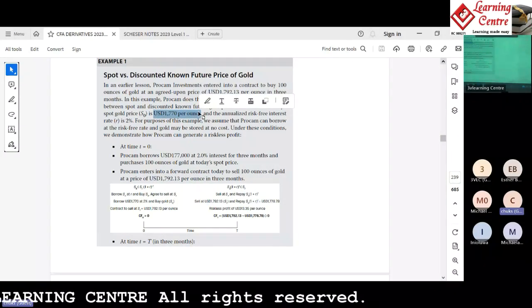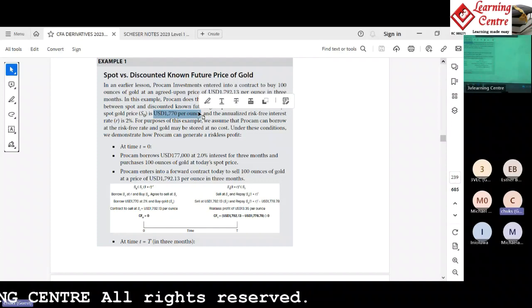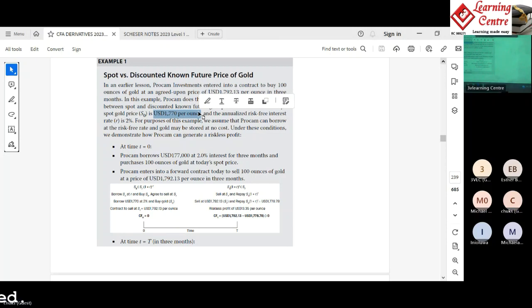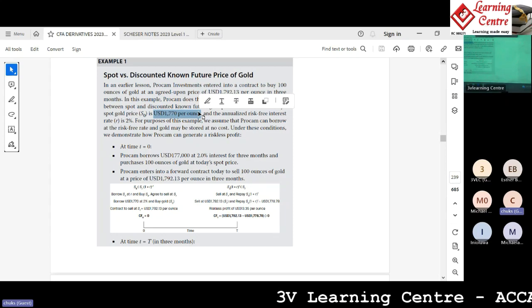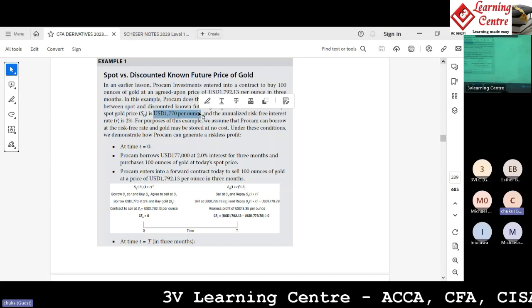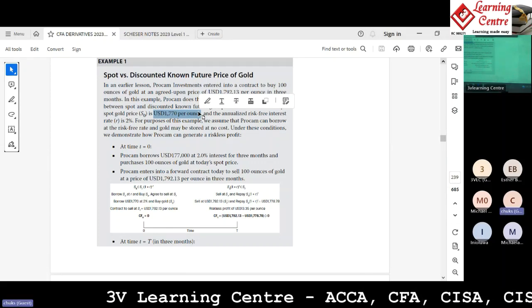So somebody is now saying, let me look at it this way. One person has entered a forward contract to buy gold at 1,792. Another person on the other side has the gold itself. So the question is, is there a way this person on the right side that has the gold can sell the gold, invest the money, and get higher than this person that already agreed a forward contract? That's the idea.